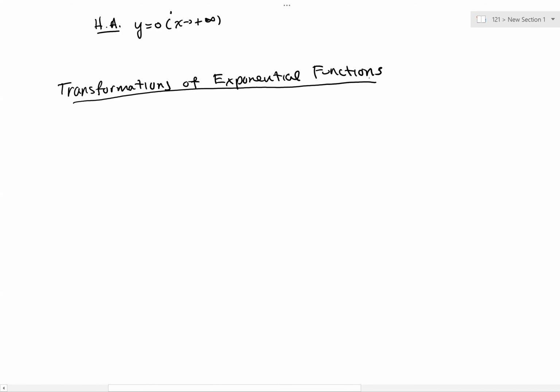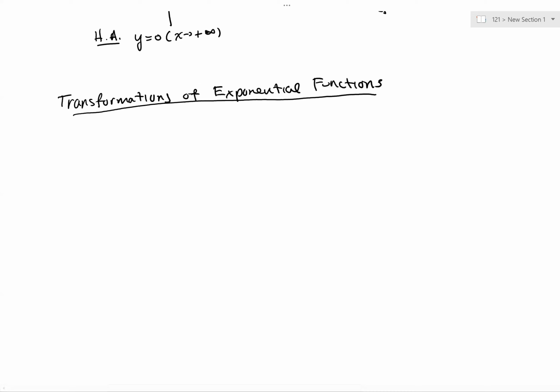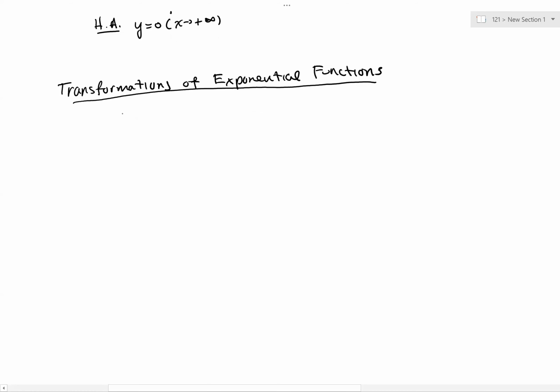So remember the horizontal transformations, we had the shifts, the reflections, the stretches or shrinks, and for vertical, we had an analog of those as well. So for horizontal transformations, remember, horizontal transformations happen to the input, right? So there's a modification to the input.